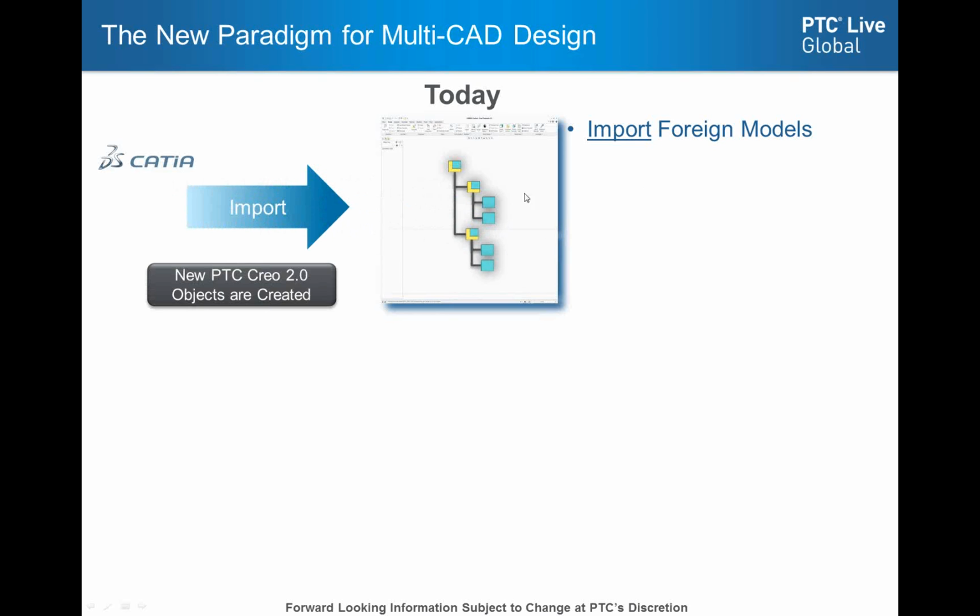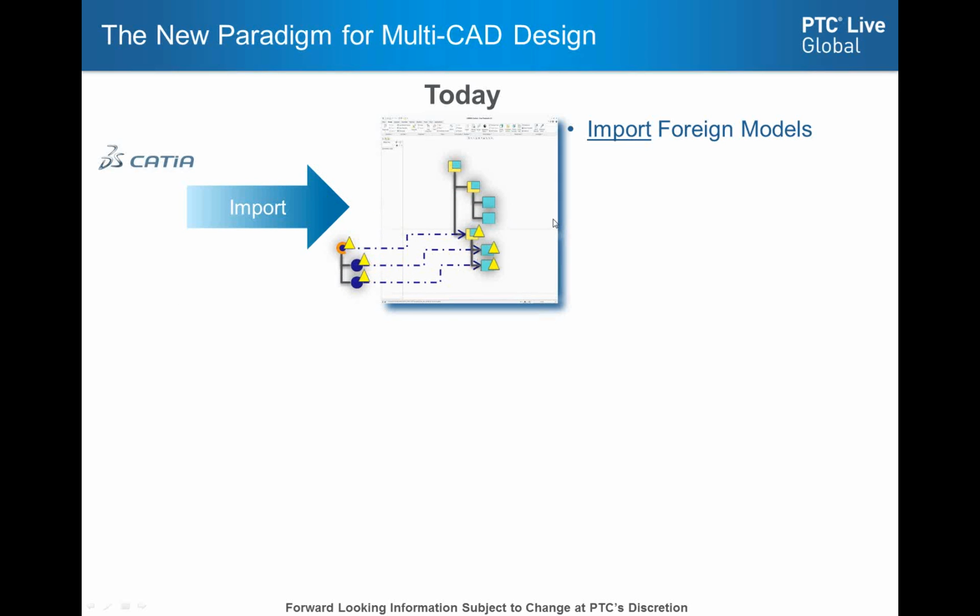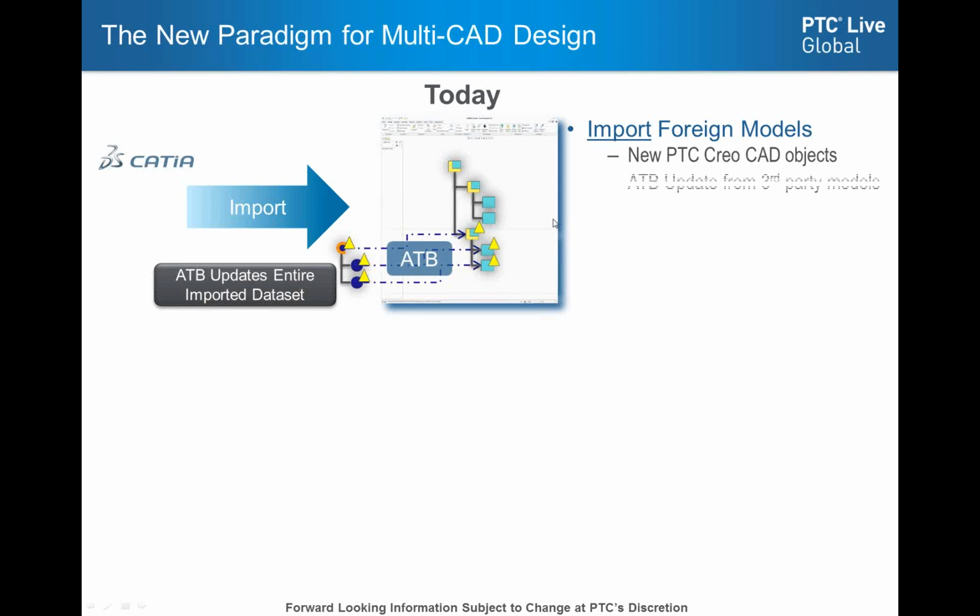What that does is create a new set of Creo objects that represent the CATIA data. So now I have two sets of data. I have my CATIA data and I have my Creo data. Using ATB, or Associative Topology Bus, I can manually go in and say, okay, now I want to update this, and it will need to re-import all that CATIA data again for you.